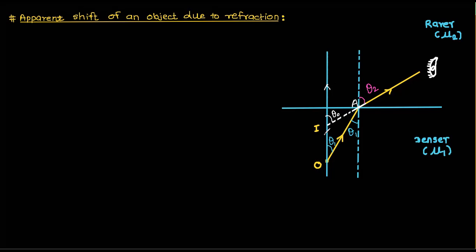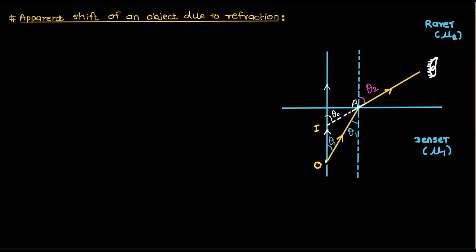This one ray I am taking is going straight, and then this is going like this, because when we have normal incidence, then it will go straight undeviated from this object.